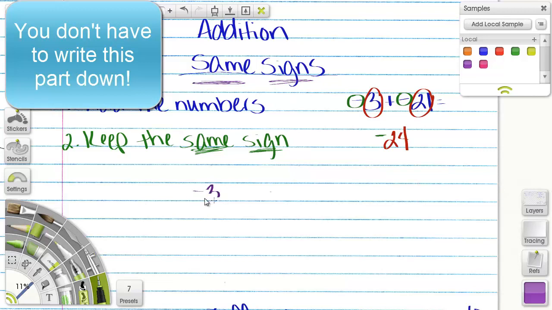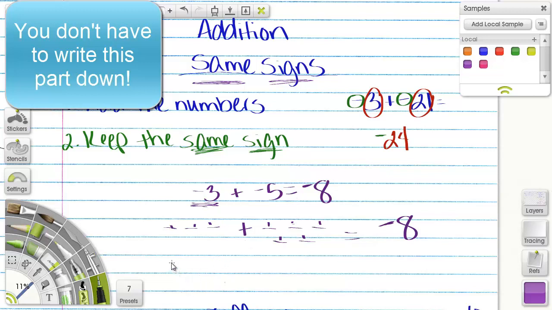Alright, when we have same signs, like negative 3 plus negative 5, what it's saying is you have 3 negatives, 1, 2, 3, and you want to add 5 negatives to that. 1, 2, 3, 4, 5. So all together you have 5, 6, 7, 8 negatives. Same thing with positives.